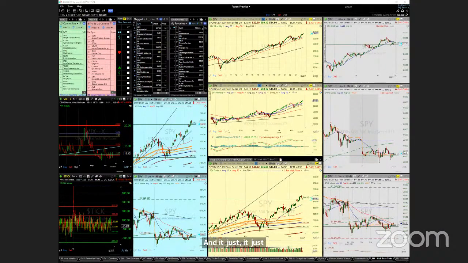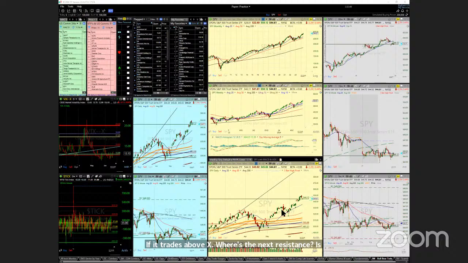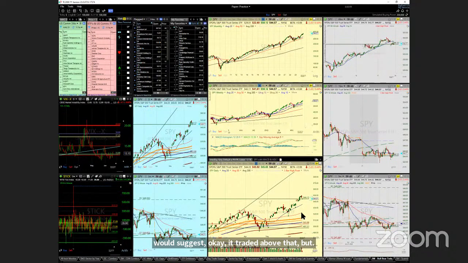So whereas, if we say if prices trade above X, I'm bullish. Okay, where do you think prices are going to go if it trades above X? Where's the next resistance? Is there a tradable void? Is there a mess to the left that would suggest, okay, it traded above that, but the upside is limited?